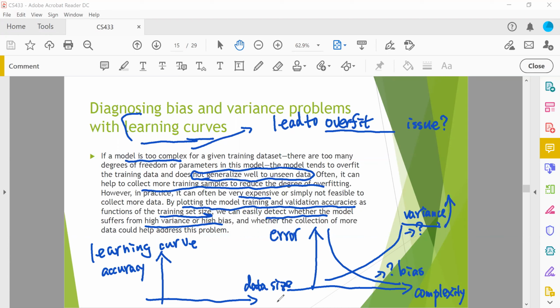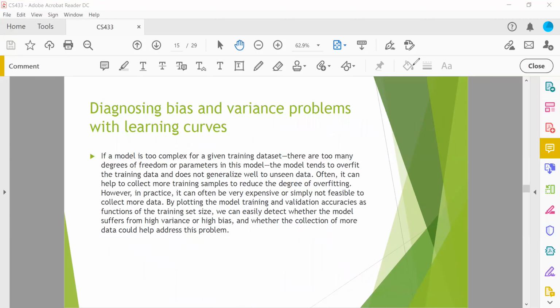You want a certain desired accuracy, and if your accuracy is getting close to this desired accuracy, then that's a good model. That's what we call the learning curve.